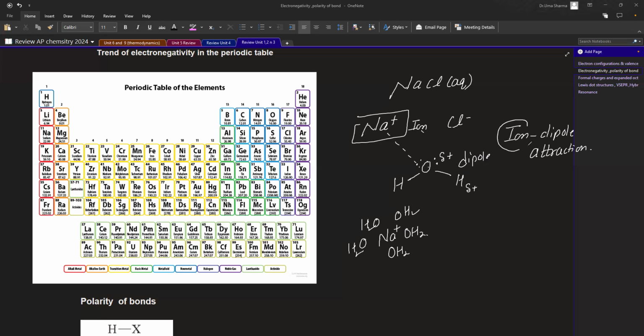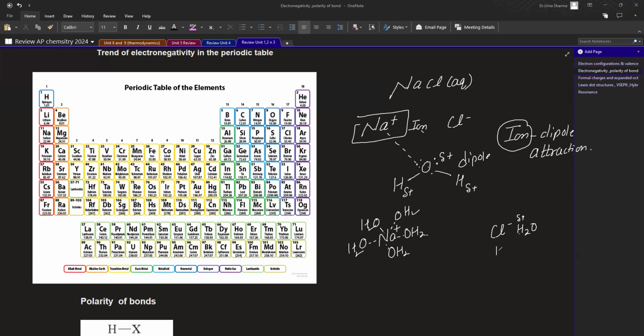So all the ions are surrounded by water. Na plus is surrounded by oxygen, like this. And Cl minus will be surrounded by, which part of the water molecule will surround the Cl minus? Yes, H2O, hydrogen, delta plus.